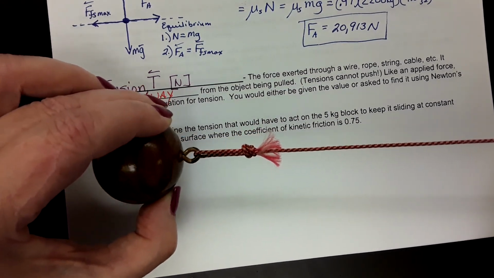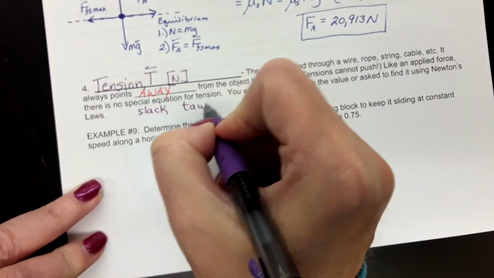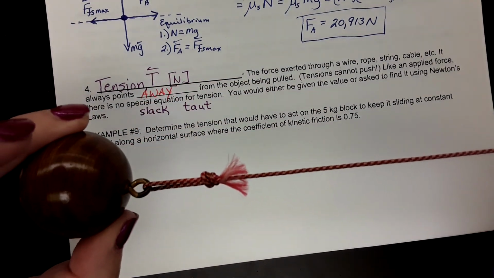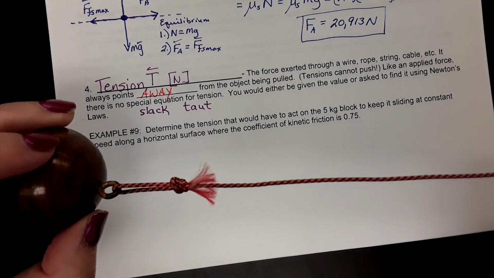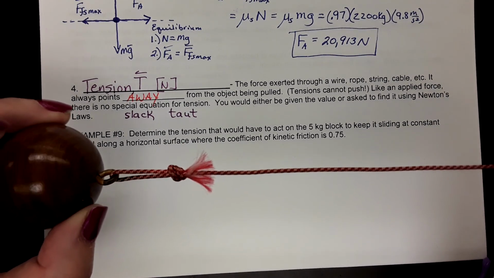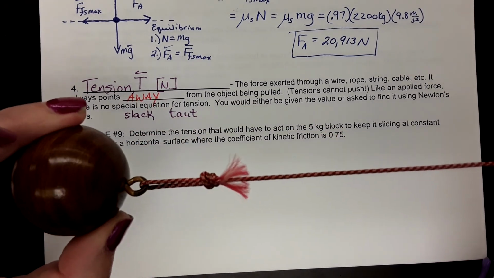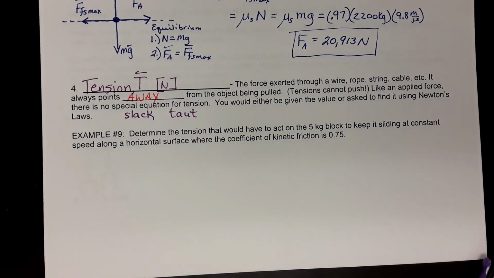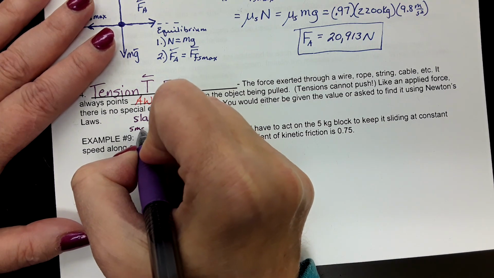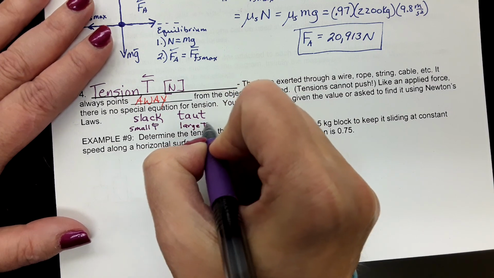In such a case, we say that the string is taut, T-A-U-T, taut. So slack and taut. Those are two of the terms that we use to describe the string when there's very little tension or a lot of tension. So slack, only a little tension, small T, if any, and taut means a large T.